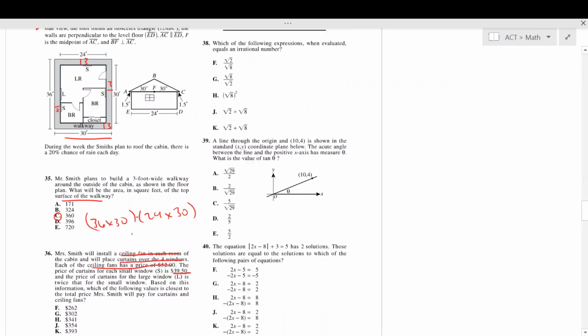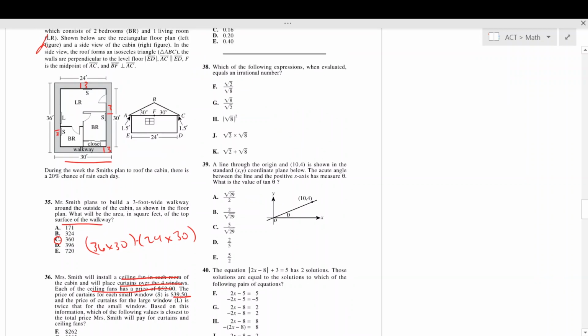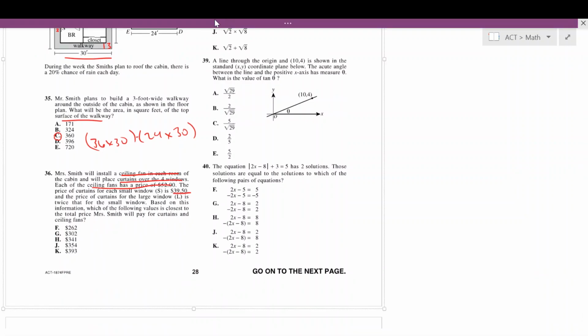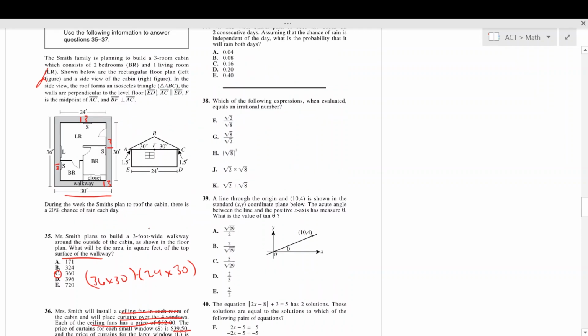So ceiling fans, well, now we're going to have to look into the diagram, right? So ceiling fan, 1 per room, so there's 1, 2, 3 rooms. 3 rooms. So we do 3 multiplied by the price per ceiling fan, so that's 52. Plus, how many small and large curtains are there?